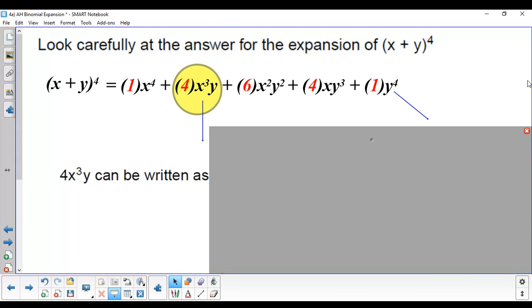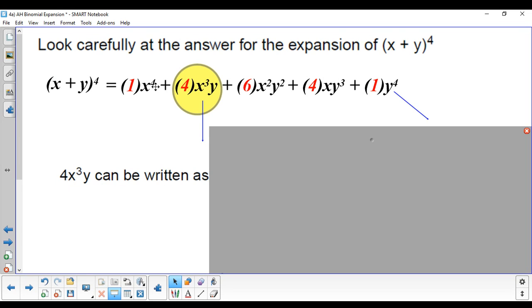So let's look at your expansion of x plus y to the 4 and focus on this term. Remember, this would be 4, 0. This would be 4, 1, 4, 2, 4, 3, 4, 4. Okay? Remember, 4, 0 and 4, 4 always give you the ones out from Pascal's triangle. 4, 1 gave you the 4 out, but what about the powers? Well, look at that. X to the 4, x to the 3, x squared, x, and then x would be to the power of 0.